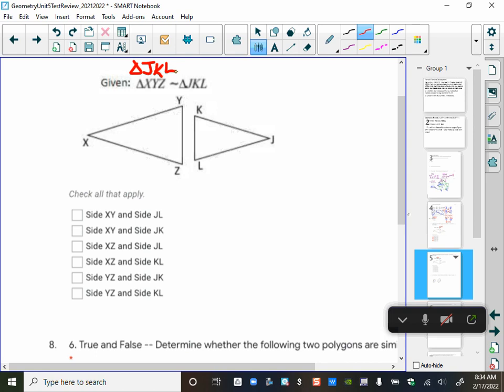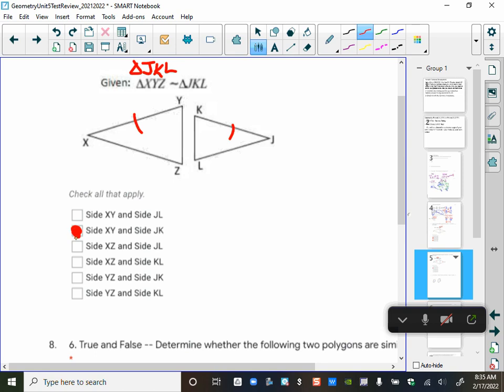J, X, K, Y, and L, Z. Because now with the sides you need two letters. So XY, what side is going to match with XY? Okay.